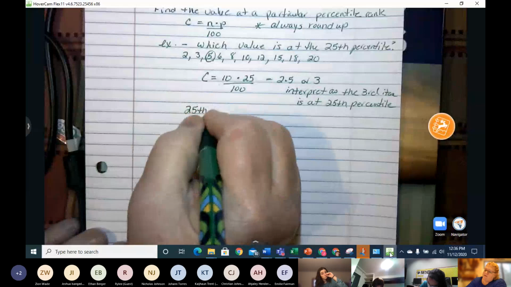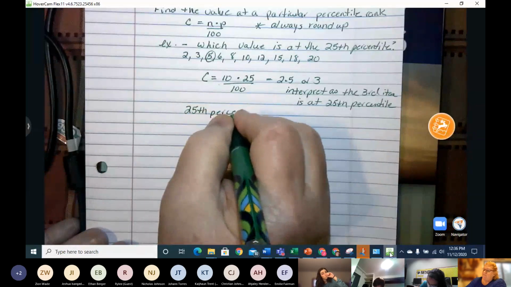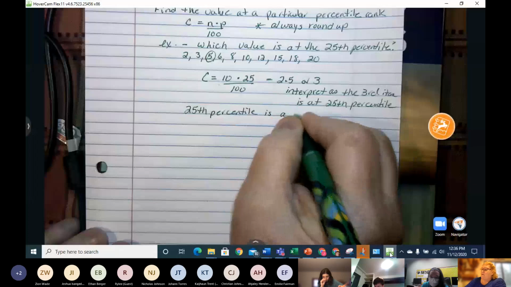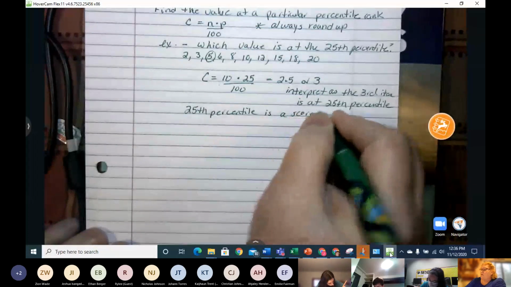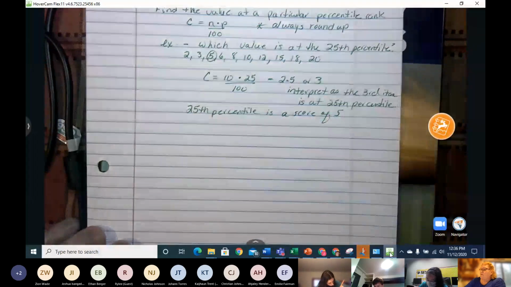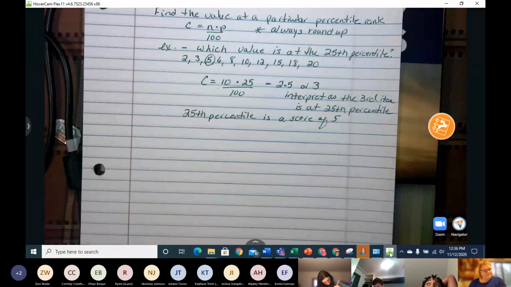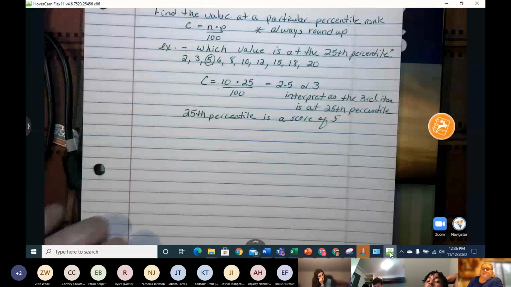So the 25th percentile is a score of 5. All right, so that's percentiles.